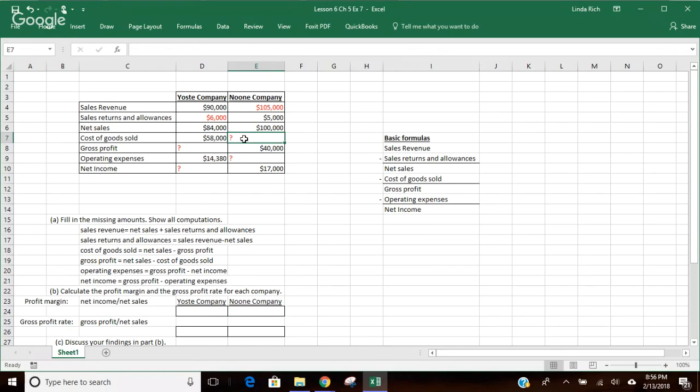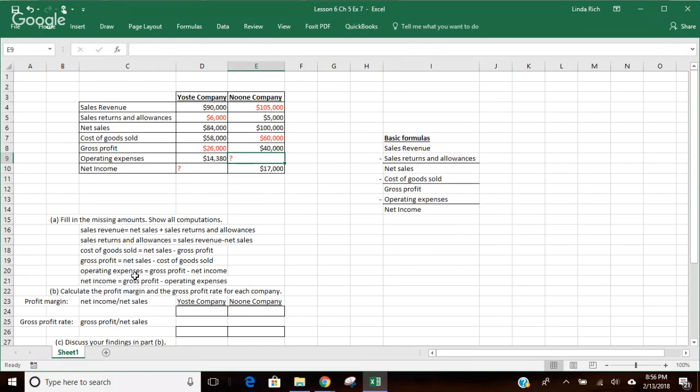And then for this one, cost of goods sold is going to be equal to net sales minus gross profit, which is 60,000. And this one is the only one that goes straight in line with the chart, and this is going to be equal to net sales minus cost of goods sold.